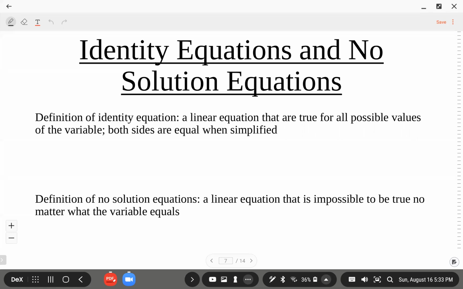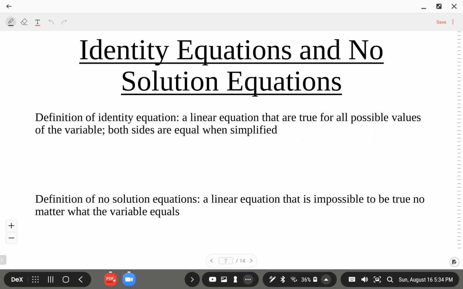A linear equation that is true for all possible values of the variable, okay? And both sides are equal when simplified. So that is the definition of an identity equation.